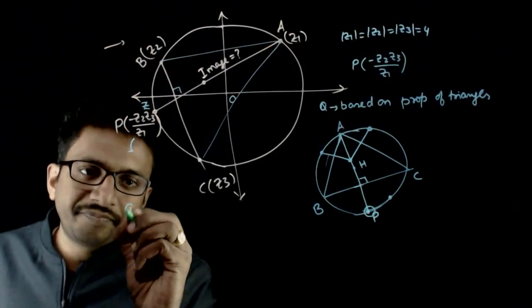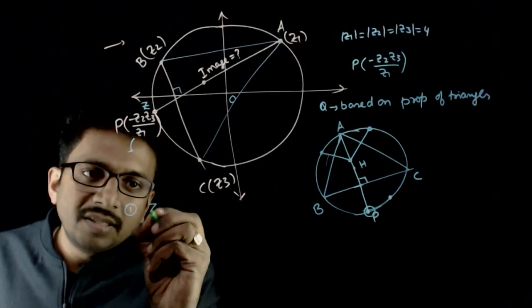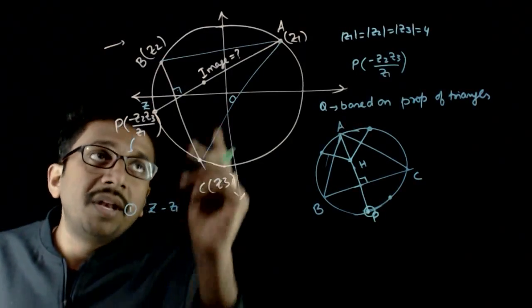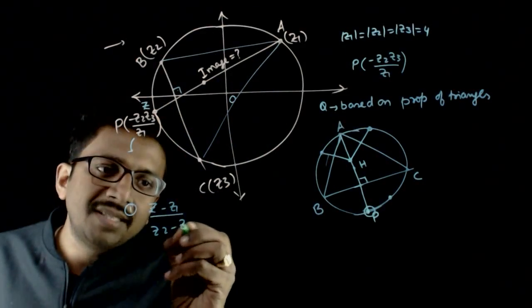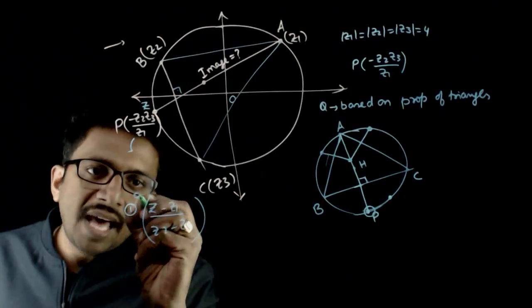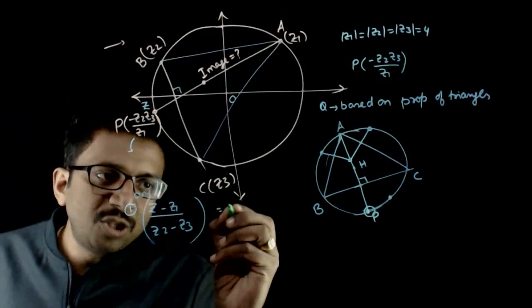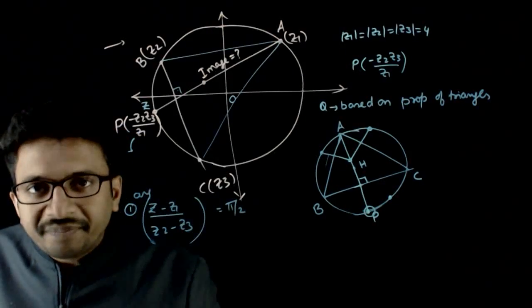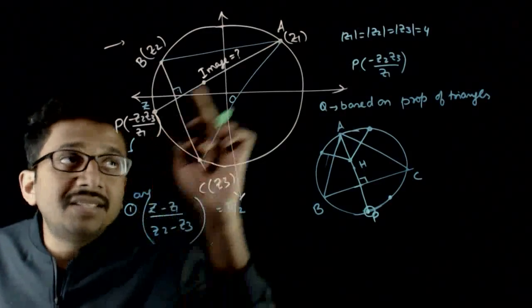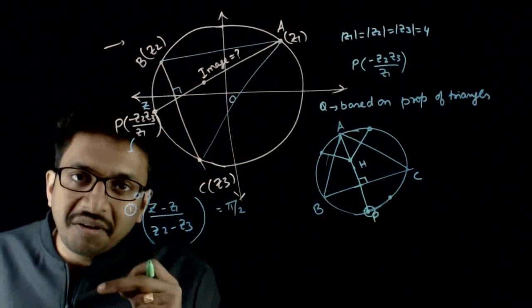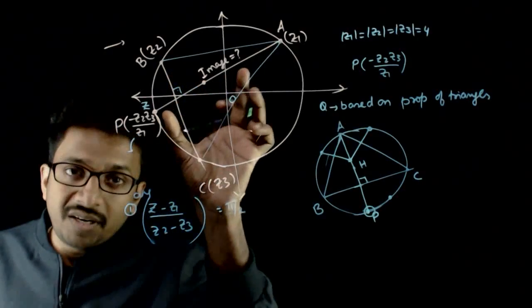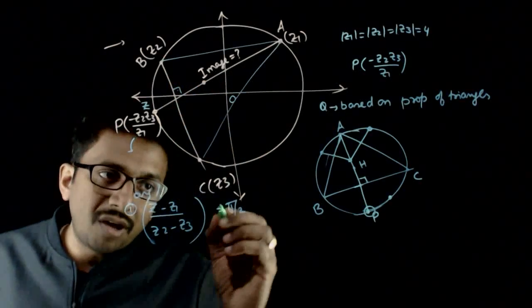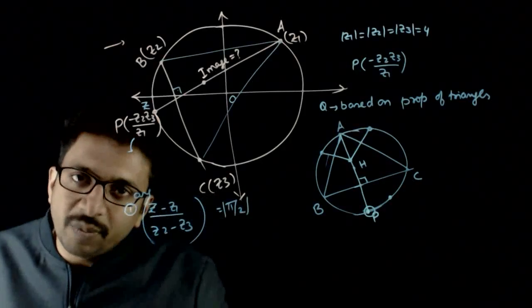First, the argument of (z minus z1) divided by (z2 minus z3) has to be equal to pi by 2, because the argument of this vector and this vector should differ by pi by 2 units, or I can write it as plus or minus pi by 2.